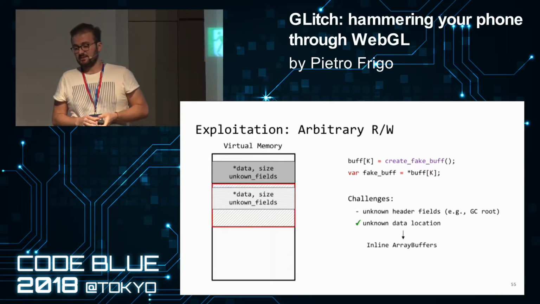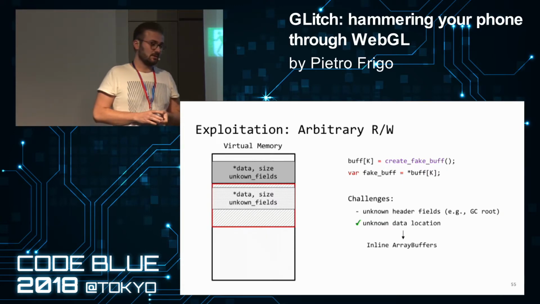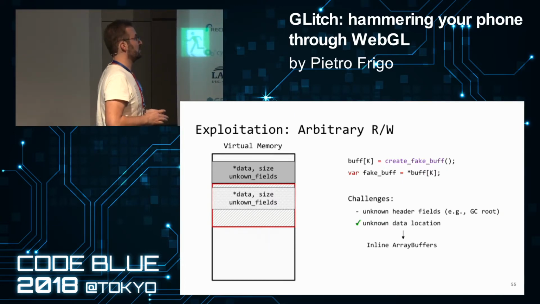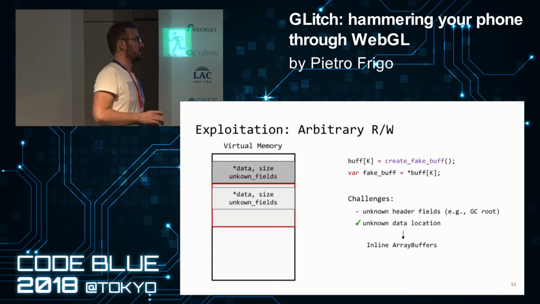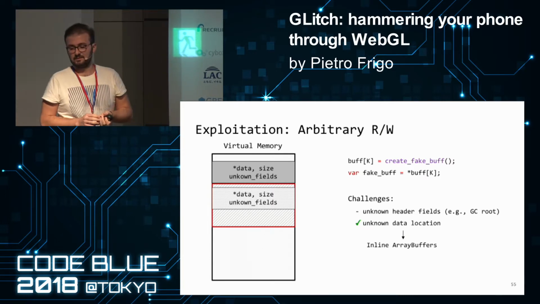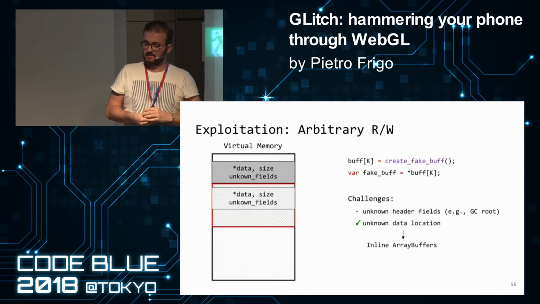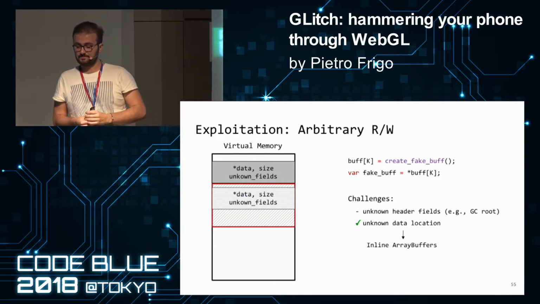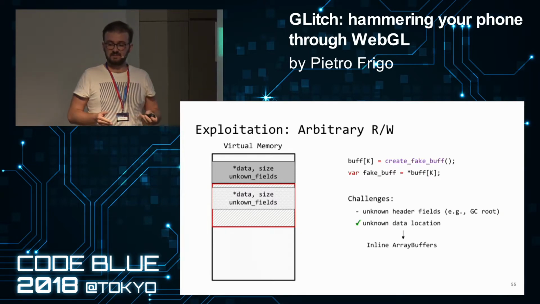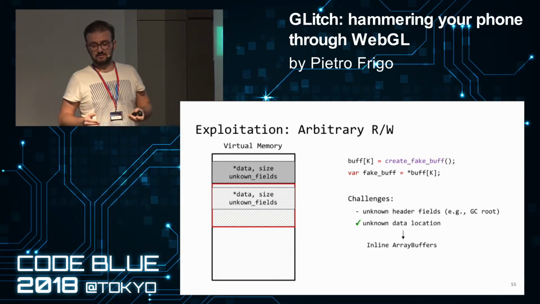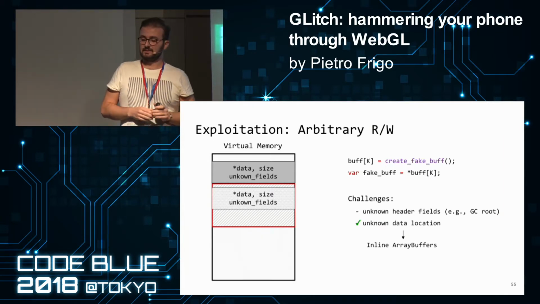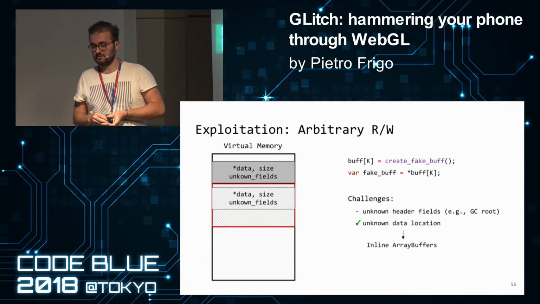So to solve the first challenge, the second challenge, we can use inline array buffers, which are array buffers that are created for values less than 96 bytes, I think, if I remember correctly. So if the size of the byte array is less than that value, the header and the data are going to be stored sequentially.